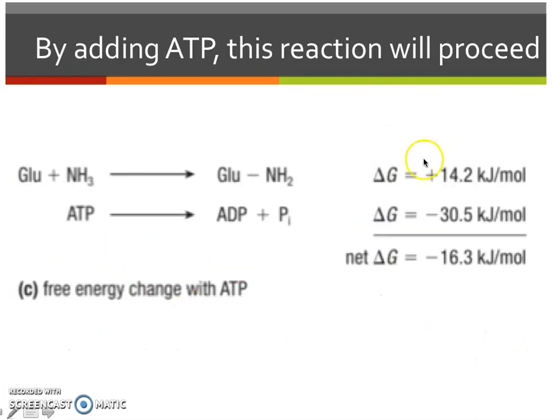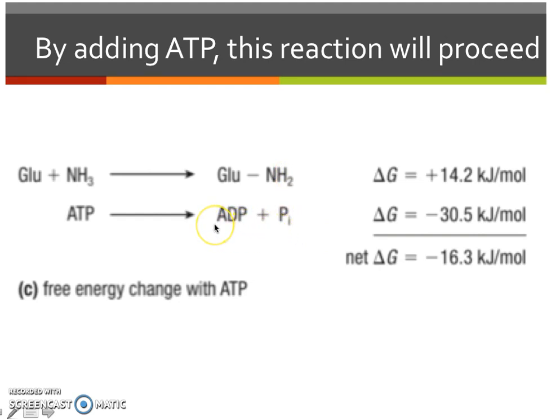Okay, so let's look at the overall reaction. We have our glutamic acid and our ammonia giving us glutamine. This is a reaction that has a positive amount of energy. That means it needs energy to proceed. It will not proceed spontaneously. Then if we take this reaction of ATP and cut off one of the phosphates, it can move over to here.